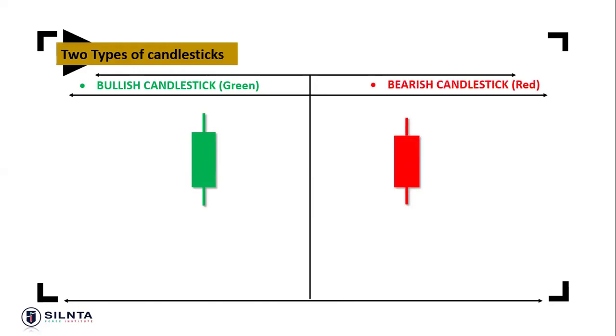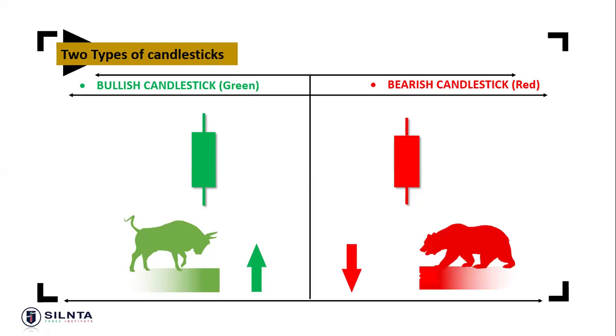Then we have a bearish candlestick, which is usually red. Bull is derived from the animal and how it fights, from the ground trying to hook you up. Bull represents buyers, when the price is going up, and we use the symbol green. Red refers to when the price is going down, and we use bear for price going down.